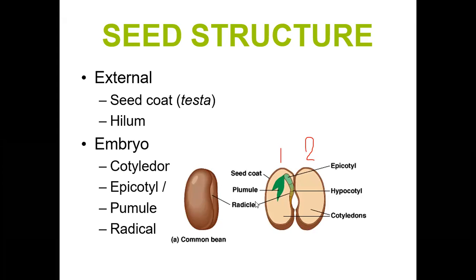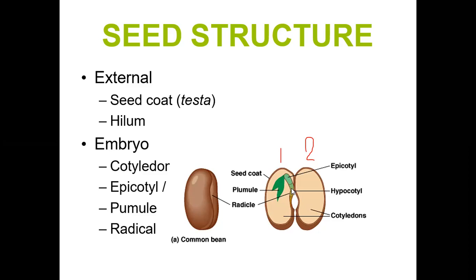Epicotyle means inside the seed we can see another small structure, that is epicotyle. Plumule, P-L-U. There is also one spelling mistake. Plumule means, from the embryo when plant seeds germinate, one part is developed in the form of leaves, another part is developed in the form of roots.